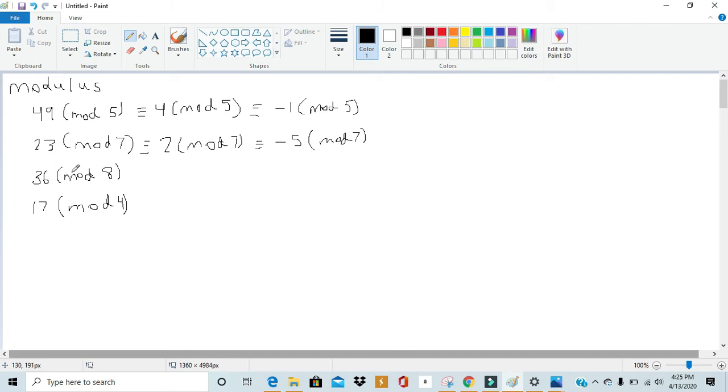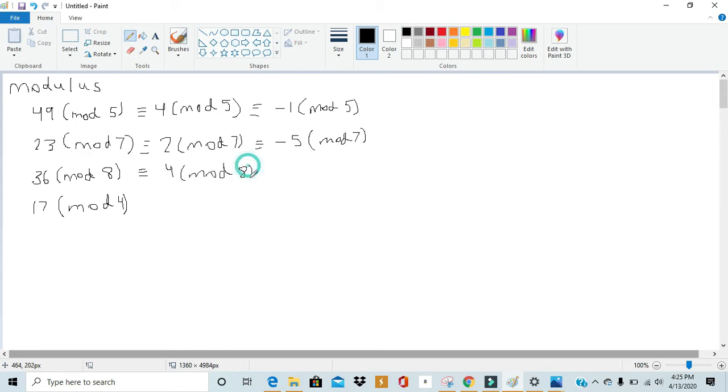Anyways, now on to the next problem. If we want to find 36 mod 8, we need to find the remainder when 36 is divided by 8. So the largest multiple of 8 less than 36 is 32, and 32 is exactly 4 less than 36. So we can express it as 4 mod 8.